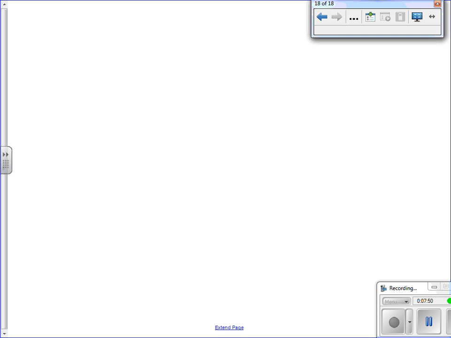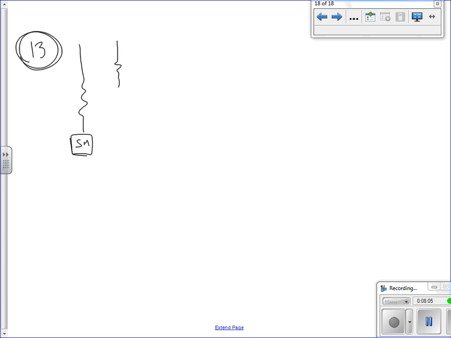13. This is one of the ones that I don't like. 5 identical masses. We'll call this 5m. Stretch this spring, let's say it's initially like this, by a distance L. So spring constant k. 3 of the masses are removed.